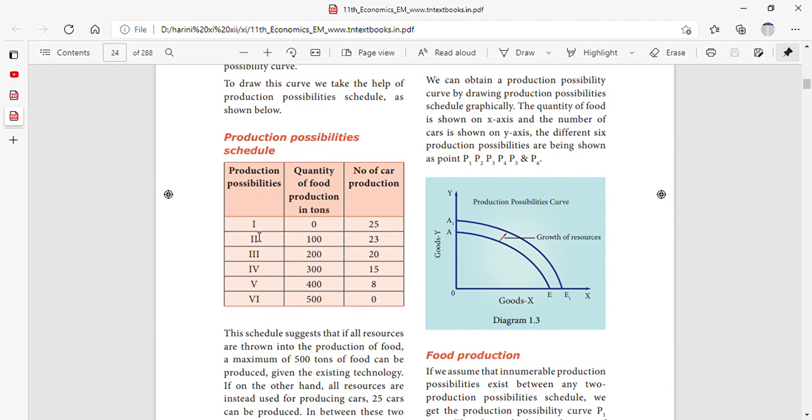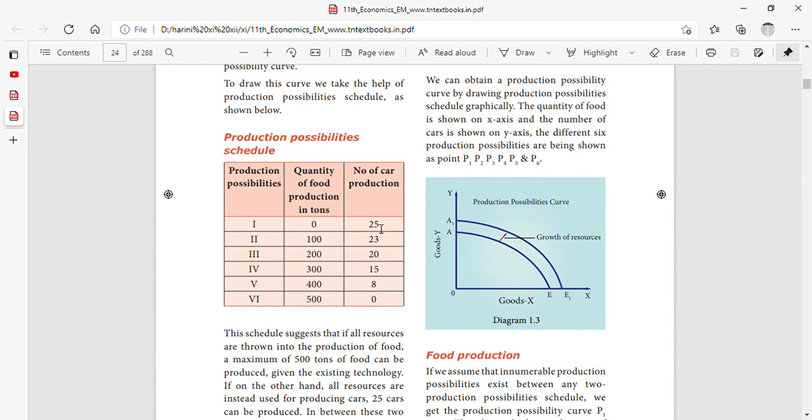So for this, you think you are the chief minister of Tamil Nadu. இப்போ உங்களுக்கு ரெண்டு ஆப்ஷன் இருக்கு. ஒன்று நீங்க ஃபுட் ப்ரொடக்ஷன் பண்ணலாம், இல்லைன்னா மக்கள் போக்குவரத்துக்கு பயன்படுற காரை செய்யலாம். So what will you do? Option 1 is zero food, விவசாயமே பண்ணக்கூடாது, ஆனா 25 கார் பண்ணலாம்.